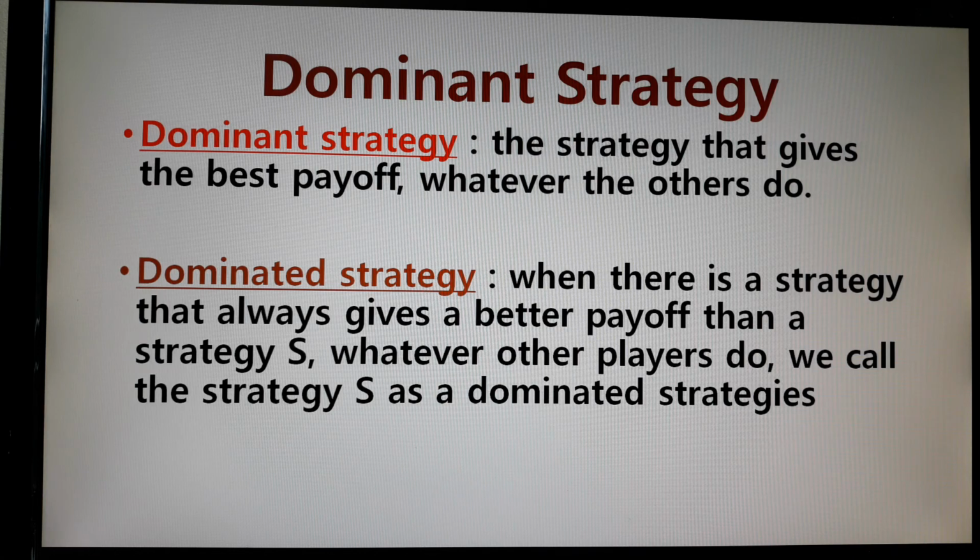Because we are in the business of choosing the best strategy, if there is one strategy that is better, not better than all other strategies, but just one strategy dominating it, then already that strategy is not a candidate, because we are looking for the best. And obviously, when there's one which is better than you, you can never be the best. So a dominated strategy requires only one other strategy that is better than you.